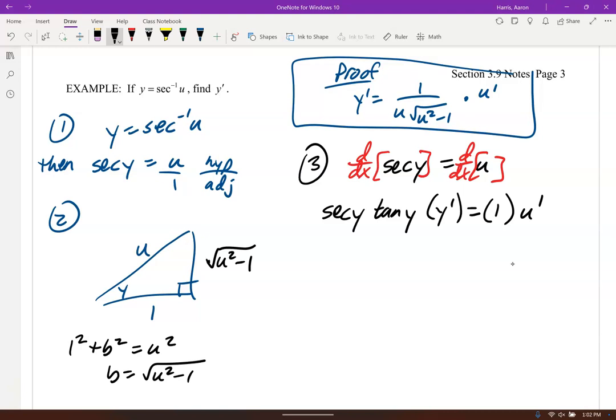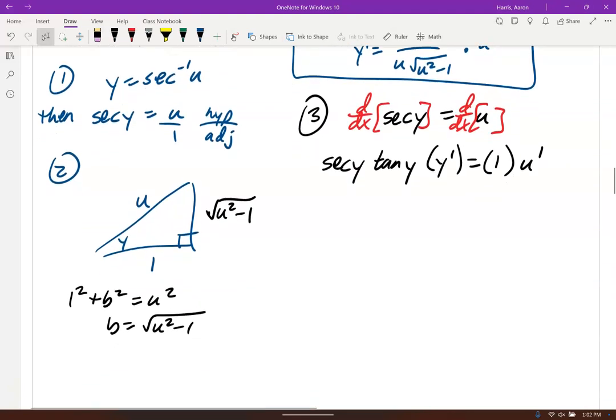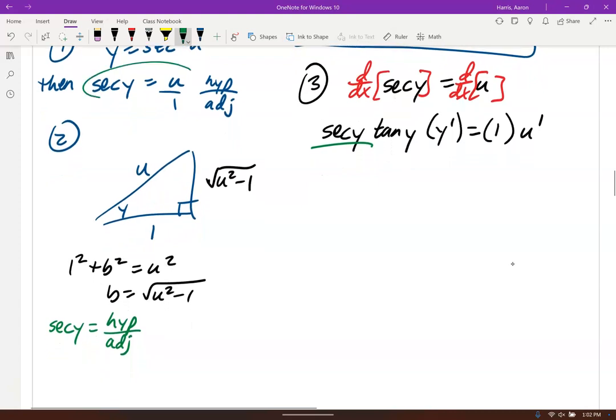Then I'm going to look at the secant of y and substitute that in. What's the secant of y? Well, it's hypotenuse over adjacent, right? So our secant of y is u over 1. In fact, we already knew that.